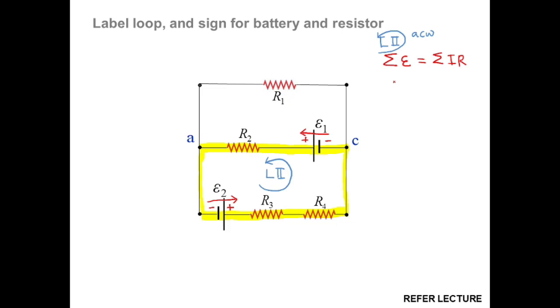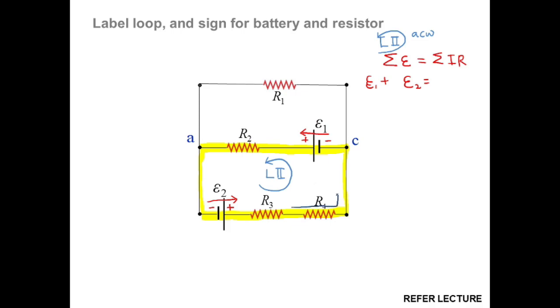So we total the EMF in the loop. In loop number 2, we have two EMFs, EMF number 1 and EMF number 2. But the problem is how to determine the sign for these EMFs. Let's compare the directions.